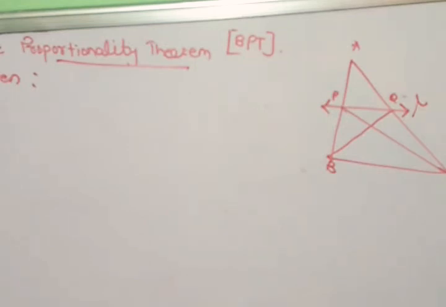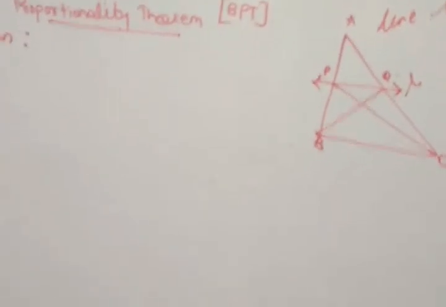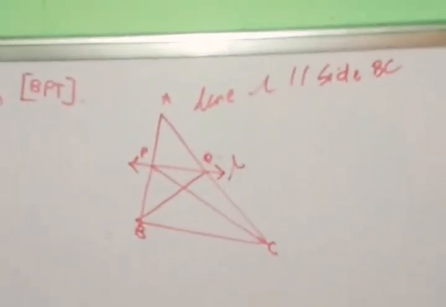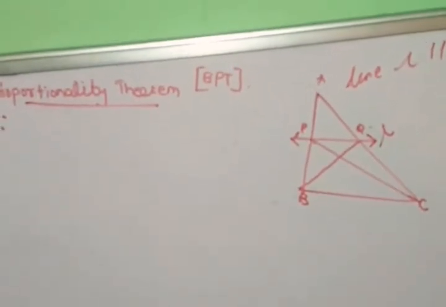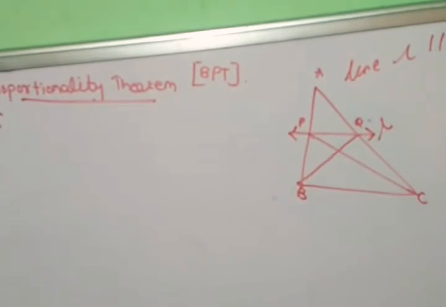The meaning of this theorem is: when line L is parallel to side BC, then this line divides the remaining two sides in the same proportion.